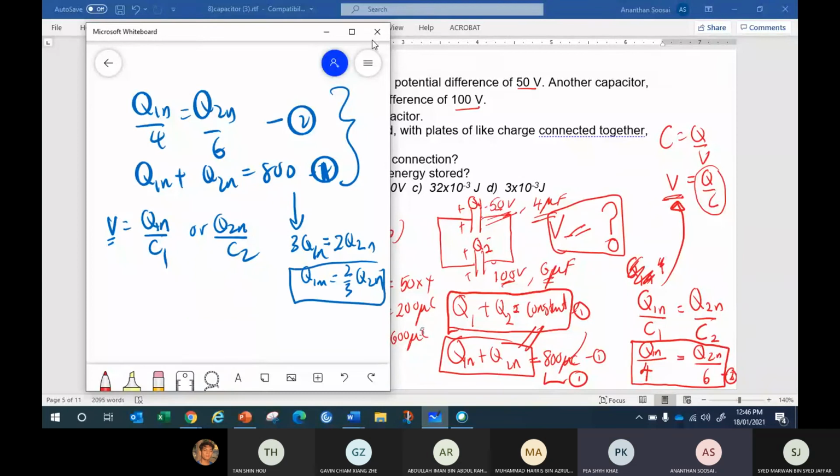Okay, so in the first equation, Q1n we throw out and put 2/3 Q2n plus Q2n. This all is 5/3 Q2n, equals 800. So Q2n how much?